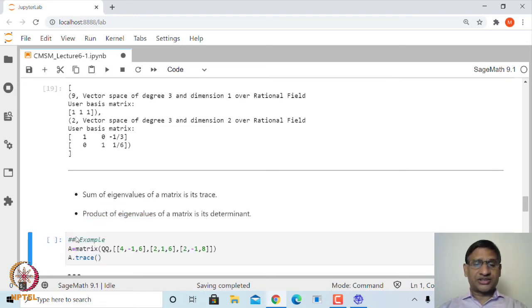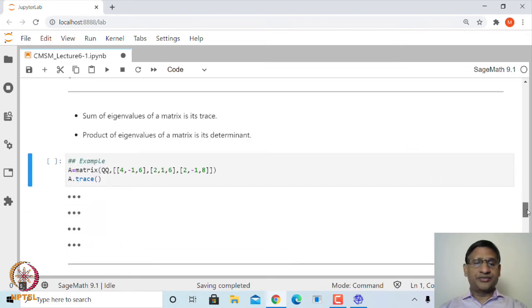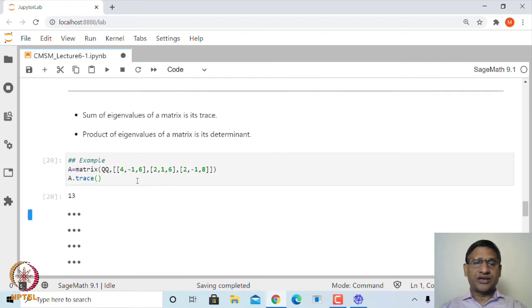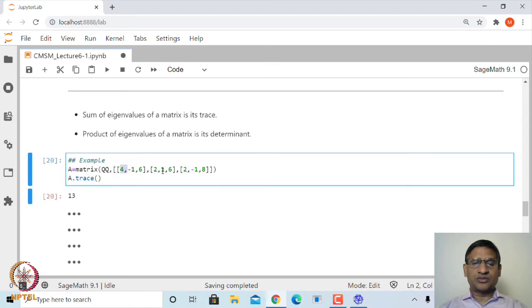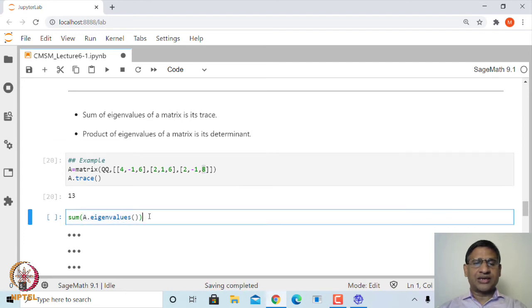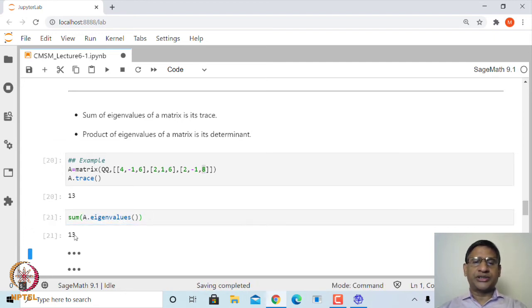So, let us just verify this with the same example which we considered earlier. A is equal to this, and we can find the trace of A. The trace of A in this case is 13, which is 4 plus 1 is 5, plus 8 is 13, and if you look at the eigenvalues of A and take the sum, that should also turn out to be 13.